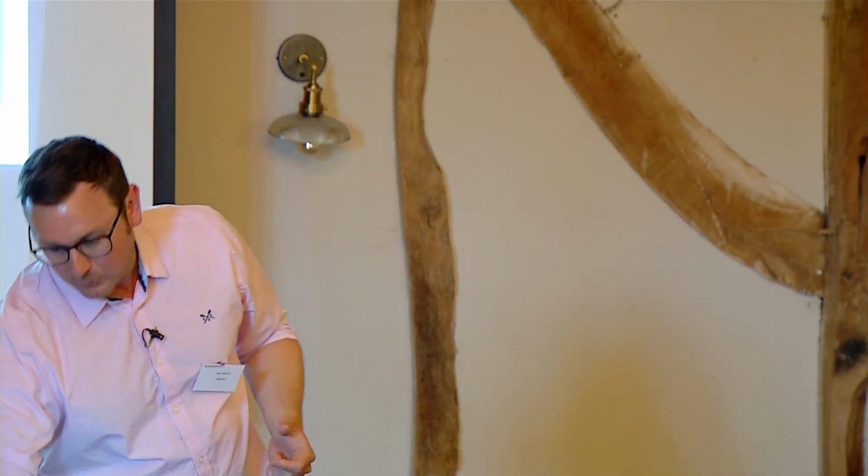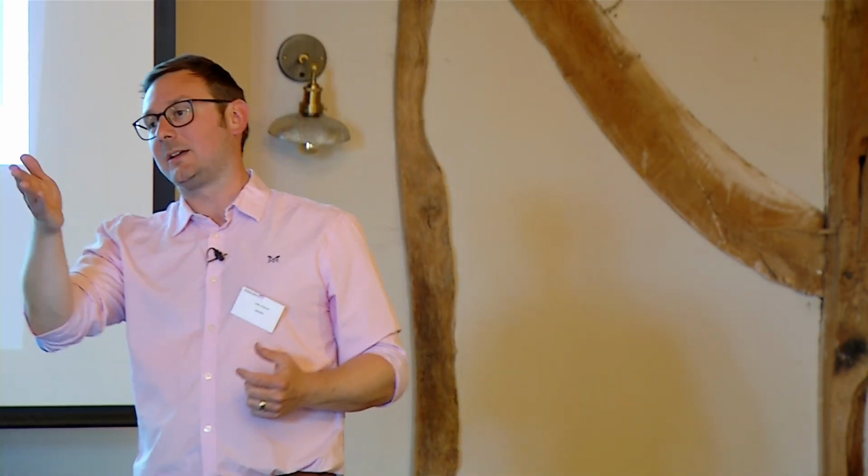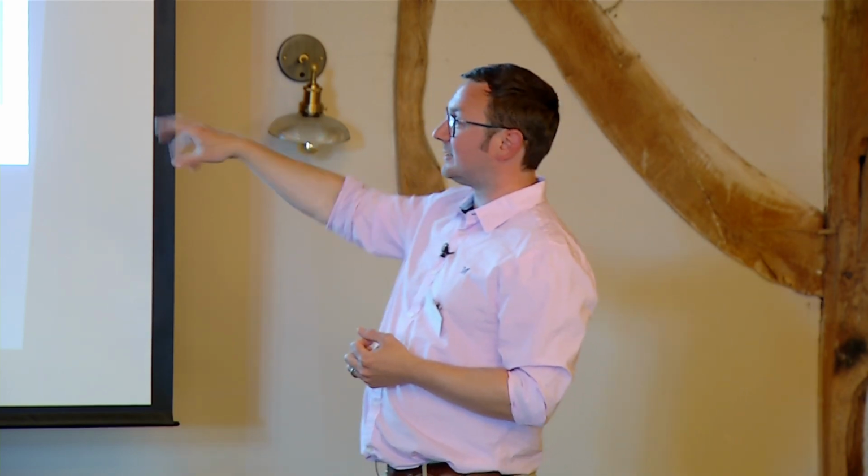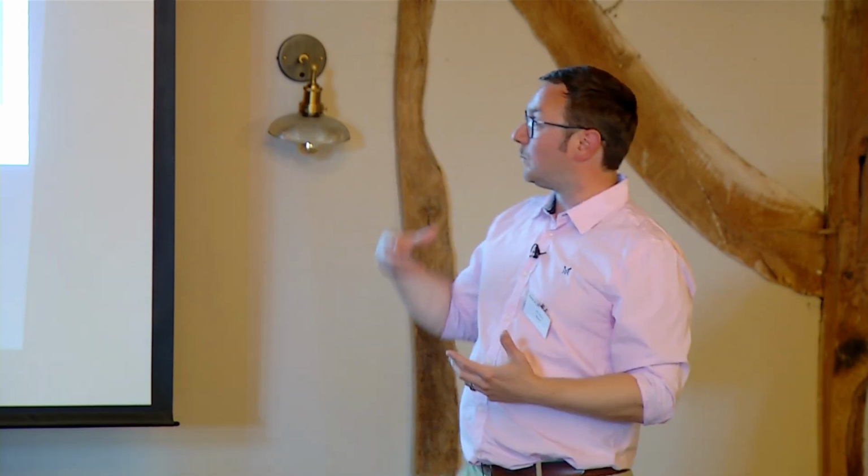Now, going back to your point, which you mentioned earlier on, sir. Previously, BS 476, and it has been for 50, 60 years, has been the British standard that has been utilised to confirm the fire resistance of elements, and that's everything from external walls, roofs, insulation, doors, etc. And there's a number of bits of guidance, the IFE, which I mentioned before, work with Historic England.